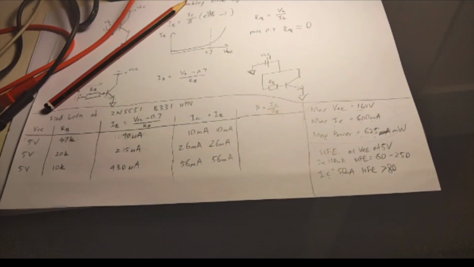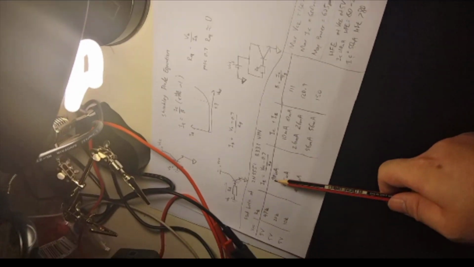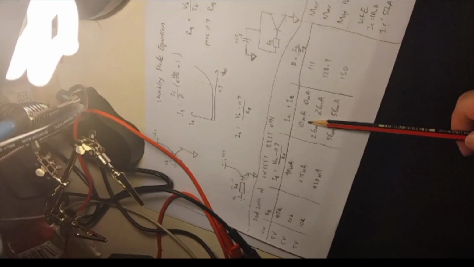So I'll do that and come back. All right, so the calculated values are as follows. At 10 milliamps IC, we get 111 gain. At 26 milliamps, we get 120, and at 56, we get 130, which is all within the acceptable values for the manufacturer.